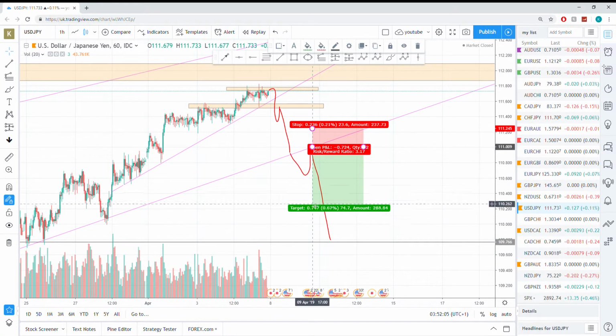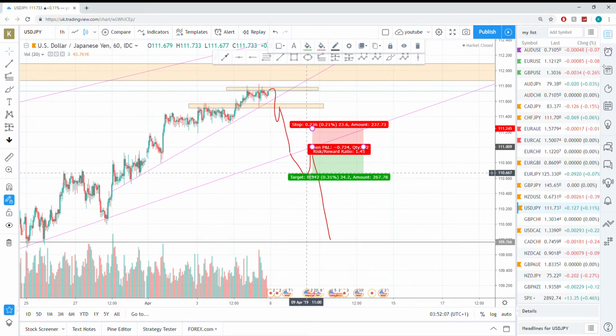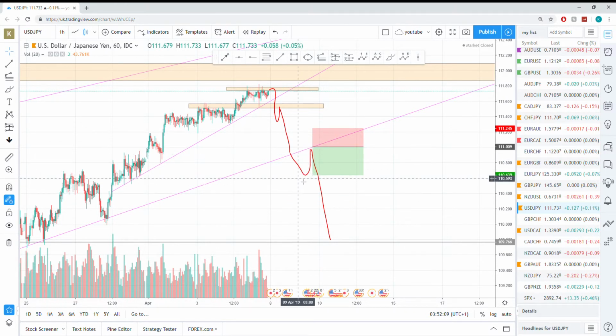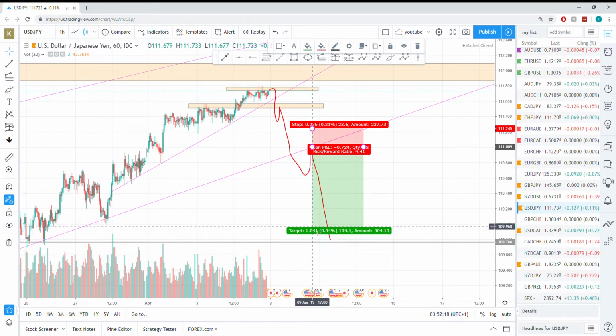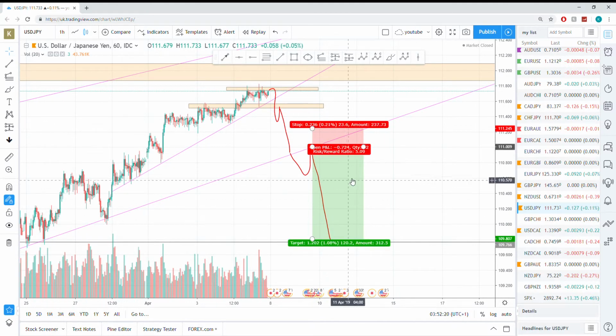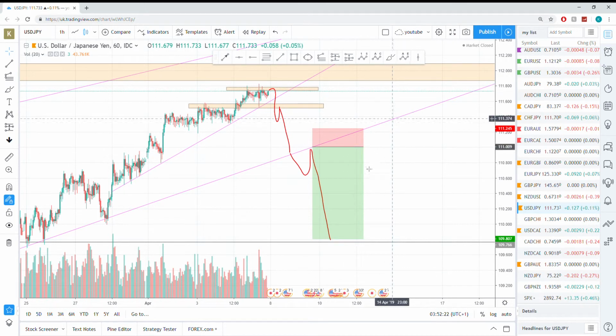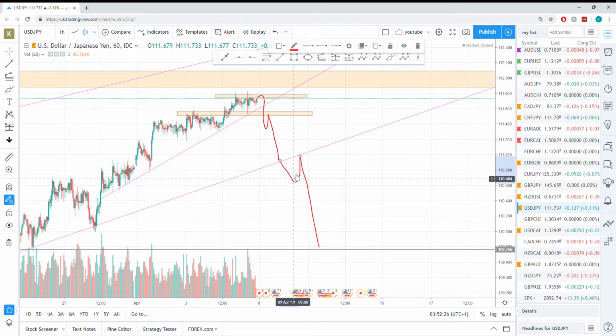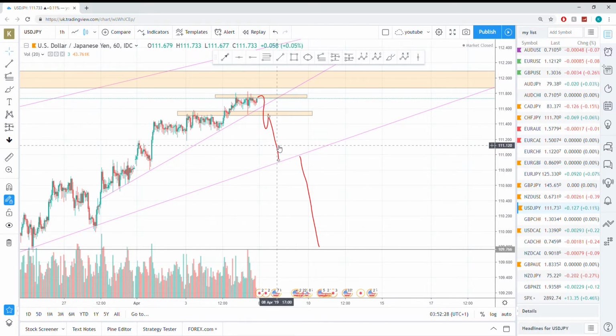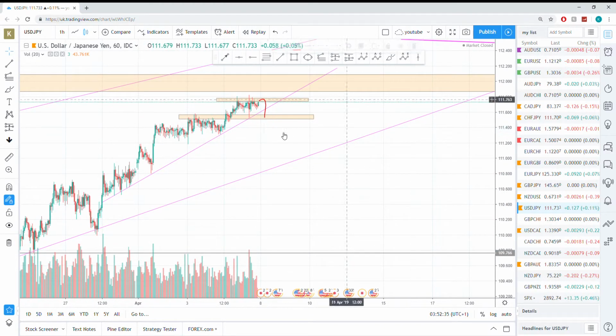I would put my TP 1 on the previous push low, like here, and then the next TP at the bottom. That would be where I would put my stop losses and my take profit zones for each scenario, really.